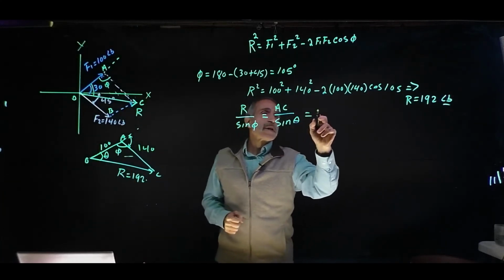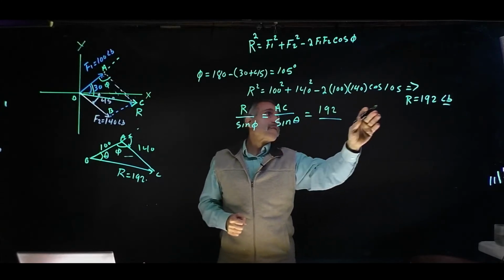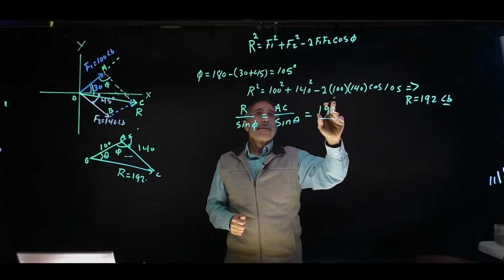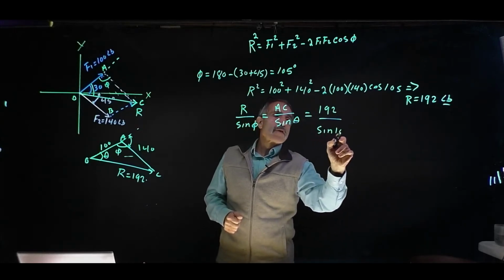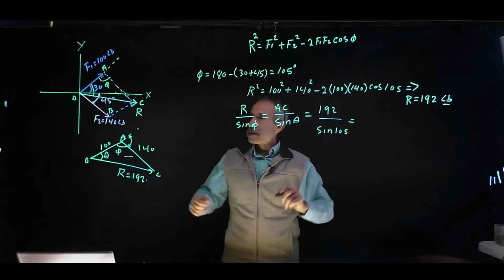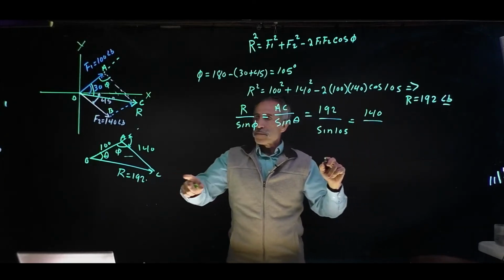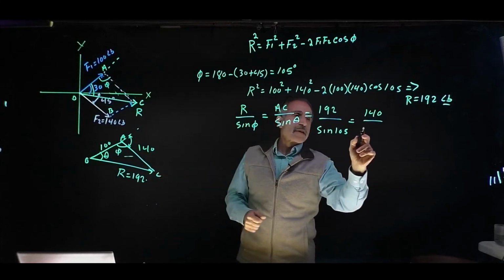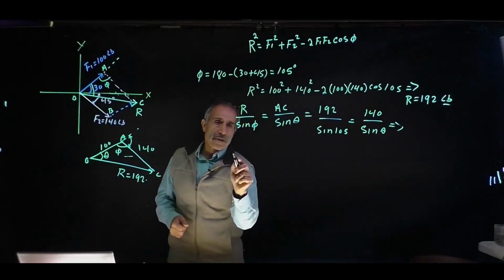R came out to 192, divided by sine of phi, which is 105. Sine of 105 is equal to AC, which came out to be 140, divided by sine of theta, and therefore we can go ahead and calculate sine theta.